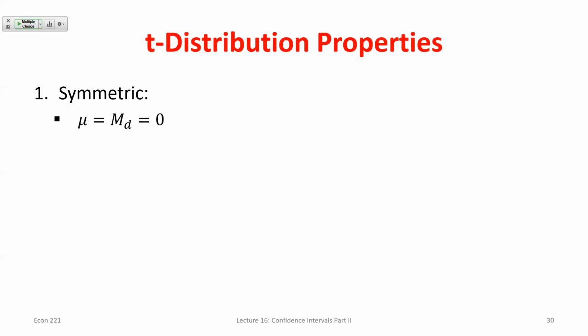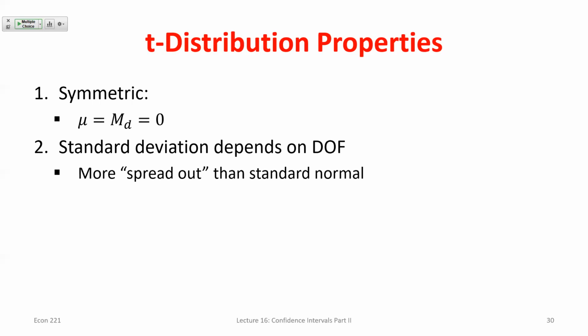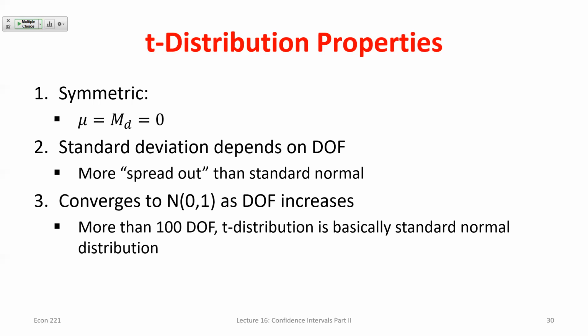I kind of drew it out. I didn't necessarily specifically say it, but it ends up being a normal distribution. It's not standard normal, but these t values, any student t distribution we look at, are going to follow a normal distribution, so they will be symmetric, right? However, they're going to have a variance that's slightly higher than 1. So they'll still have a mean of 0, variance slightly higher than 1.